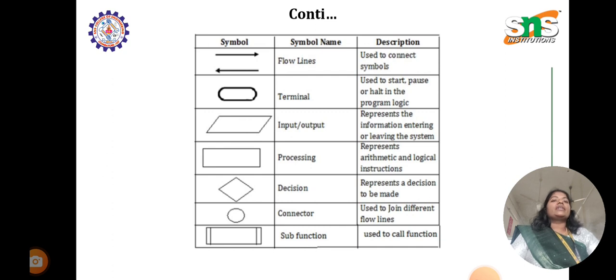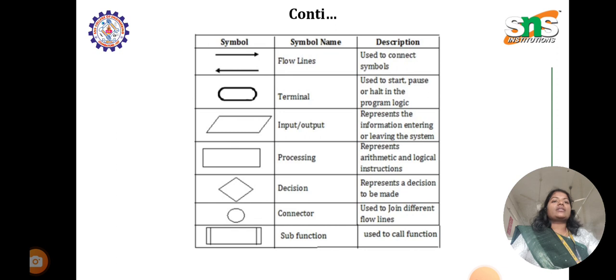Here I give the symbols, the symbol names, and a description of the symbols. The first symbol is the arrow mark, flow lines, used to connect the symbols. Then the terminal symbols: the start and stop terminals are used to start and end the program logic.